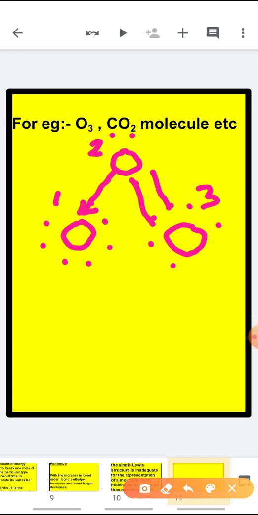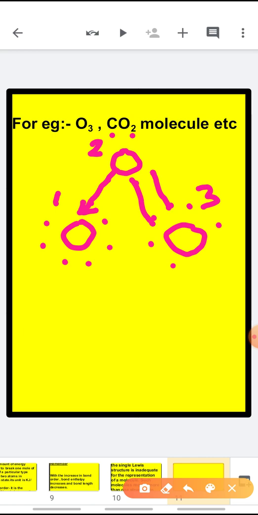But when spectroscopic studies were done on the ozone molecule, it was found that the bond between oxygen number 1 and 2 and the bond between oxygen number 2 and 3 are both equal. And in bond order, I have taught you that the single bond is longer and the double bond is shorter.